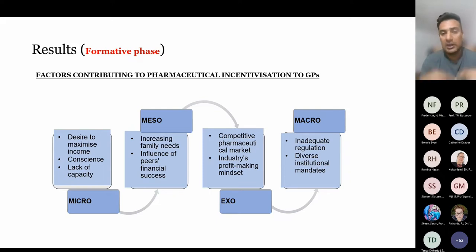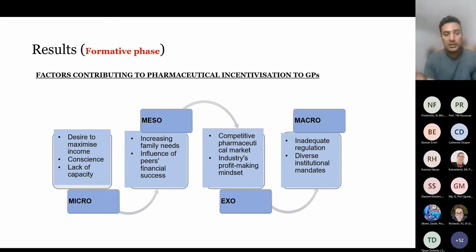But in Pakistan, the diverse mandates possessed by federal and provincial regulatory bodies, together with institutional corruption, sometimes make it difficult to perform health regulation, and hence the competing centers of power may dilute the centrality of the health system, which further contributes to the constrained regulation of the pharmaceutical industry and GPs.